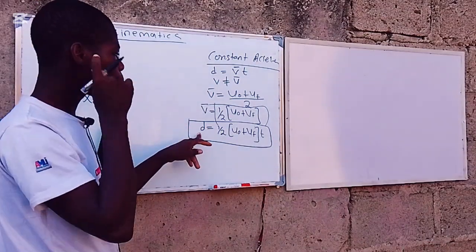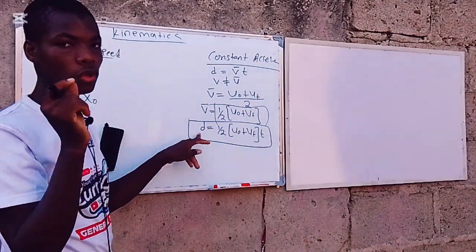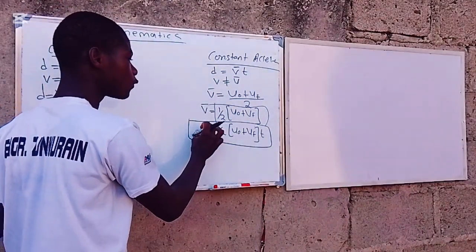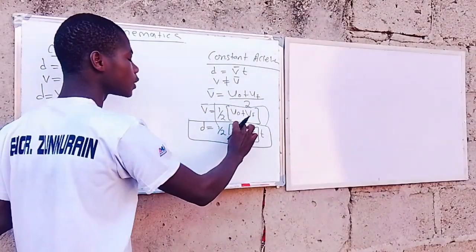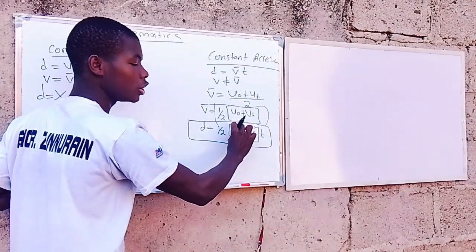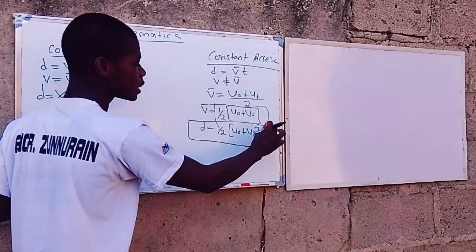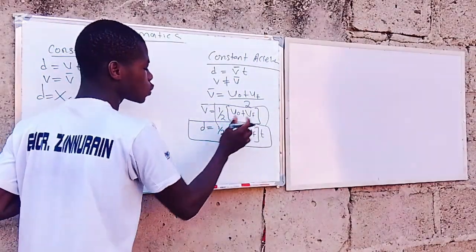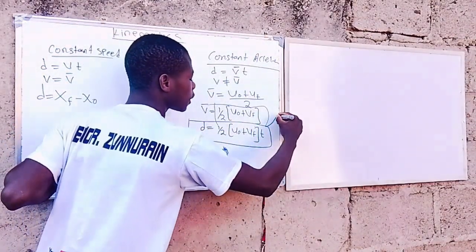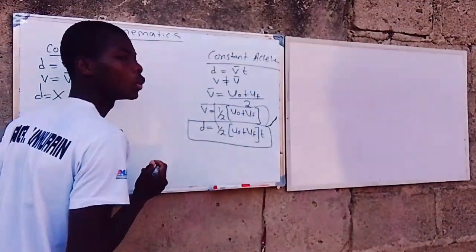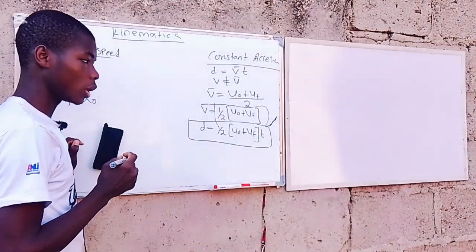In an equation of motion, in some examples you might be asked to find the displacement, and you might be given the initial velocity and the final velocity, and time will be given. So this is a formula you can keep down so that you will use it in calculations.